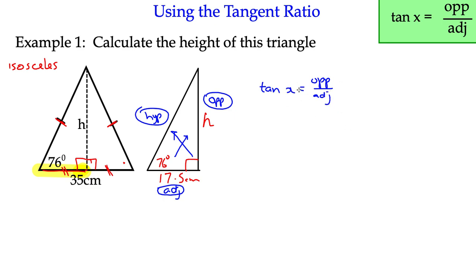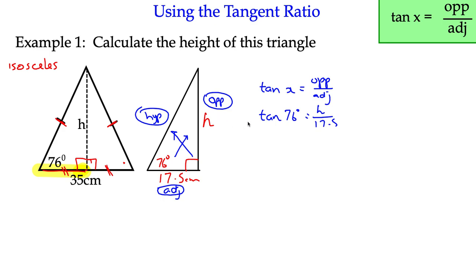Always, there's three things we need to substitute in. X is the angle, which in this case is 76 degrees. The opposite side is the side we've marked h, and the adjacent side is the side we've marked 17.5. So now we've got to think about what we've got here. It could have been an angle, it could have been a denominator, it could be the numerator.